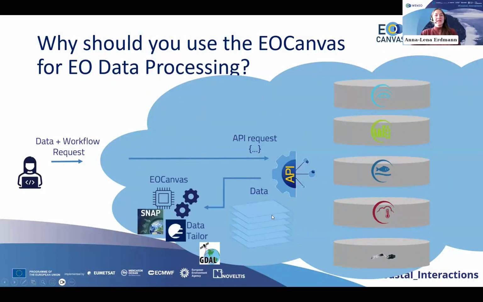But now the difference is the data is not downloaded to your local machine, but stays on our infrastructure and is processed there using commonly used geospatial software, GDAL, Data Tailor, Snap, etc. That always depends on the community and the data, which is the most commonly used tool. And then the processing is done, and what you get back as a user is the result. So a reasonably sized amount of data.